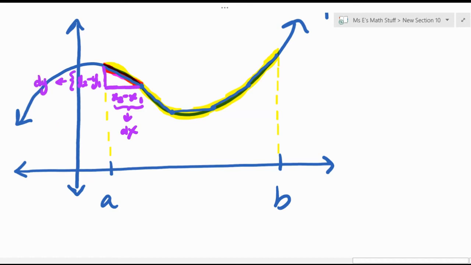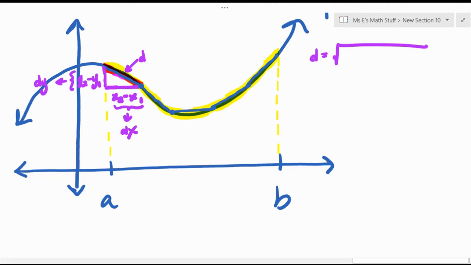And so in that case, we could say that this distance right here, assuming that we've let the number of little subpartitions between A and B approach infinity, would become very, very small.